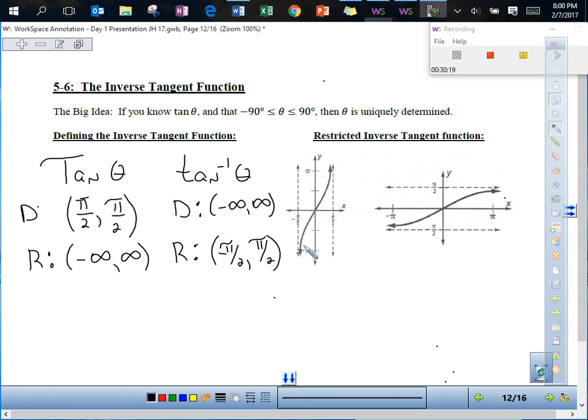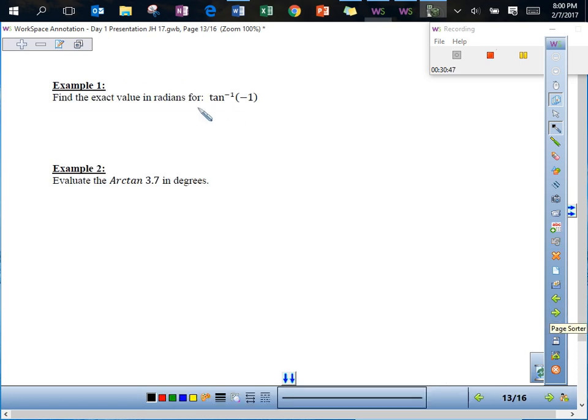Here's the graph of our regular tangent. Notice that it only goes from negative pi halves to pi halves. But notice the range is negative infinity to infinity. When we do the inverse tangent, it flips around. My asymptotes become right there at the pi halves, and my domain goes forever. Okay? Guys, the easy part is the calculator part. We could type that in our calculator and do like what we've been doing.